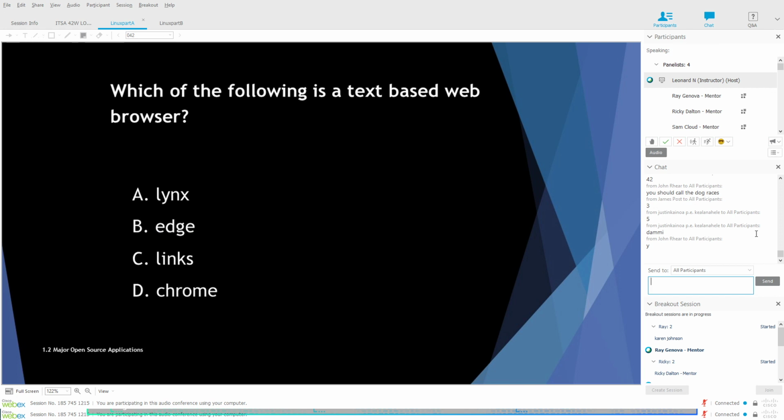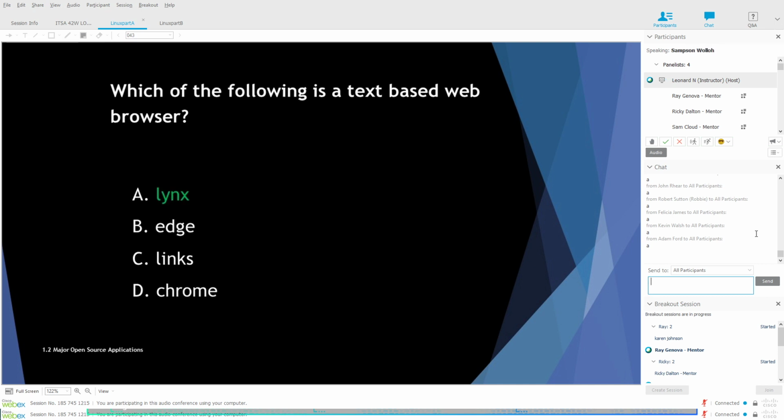Which of the following is a text-based web browser? So if you look at the answers, you can see two that sound similar. You will sometimes find this on the exam. Make sure you have the proper spelling.